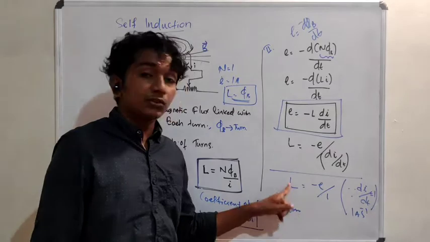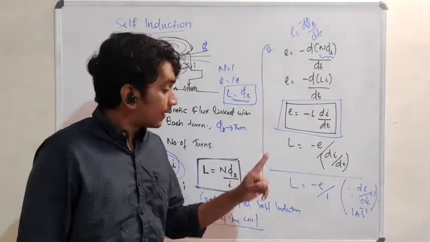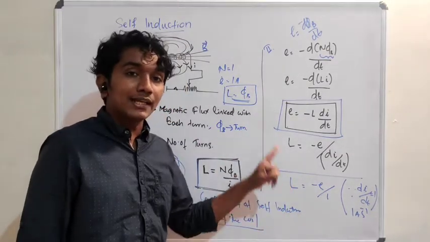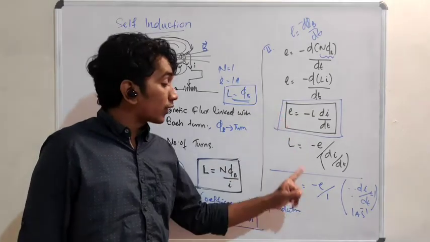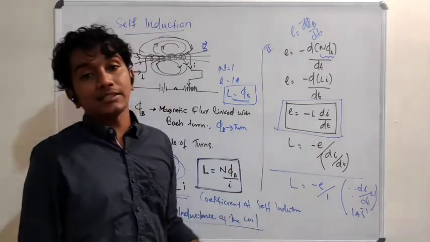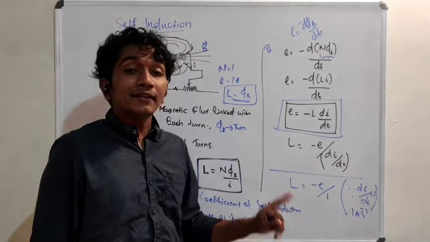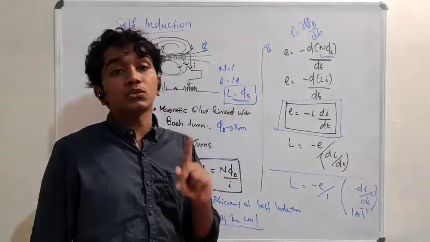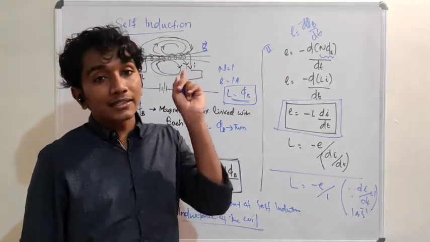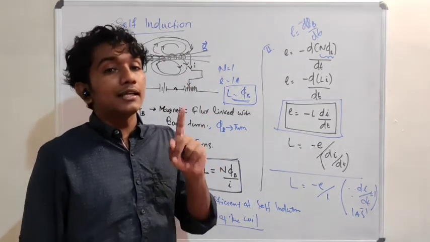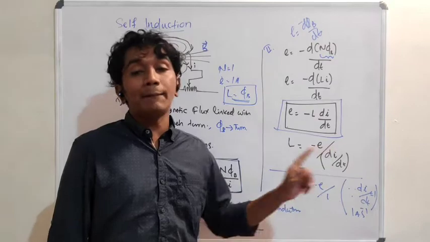You can define self-inductance again. The self-inductance of a coil is equal to the total induced EMF in that coil when the rate of change of current in that coil is equal to 1 ampere per second.